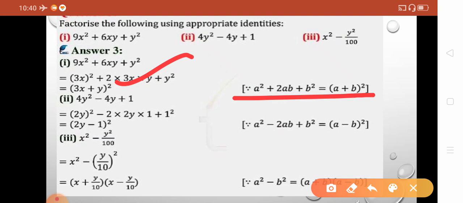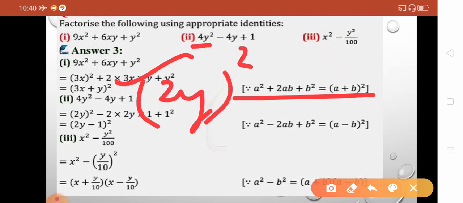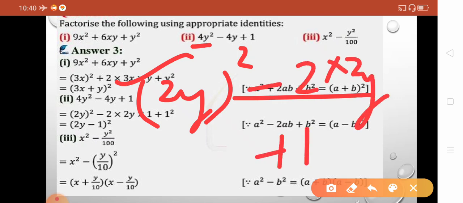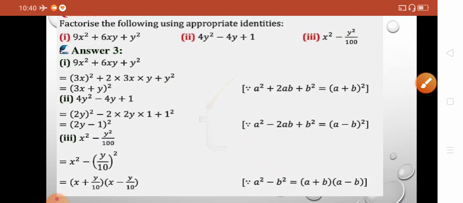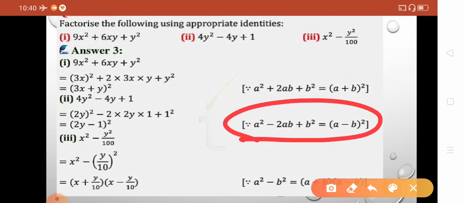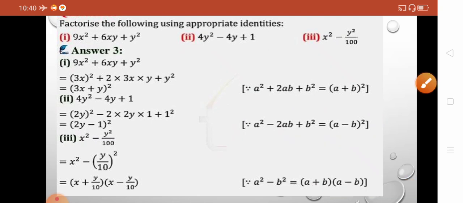Next is your 4y² - 4y + 1. Again we can write 4y² as (2y)², and 4y as 2 into 2y, plus 1. So this is the formula for (a - b)². So we will write it as (2y - 1)². Next is your x² - y²/100. So how will you write this?